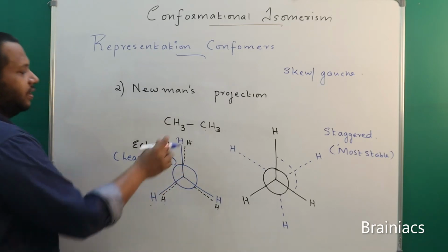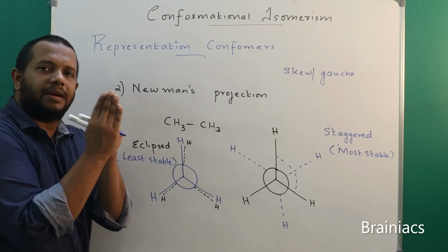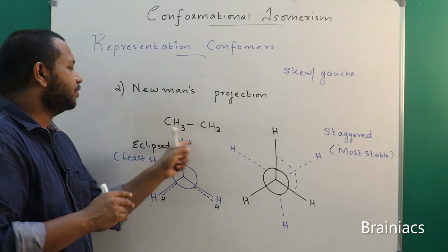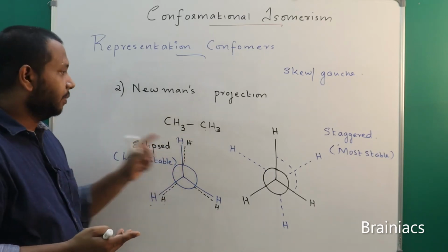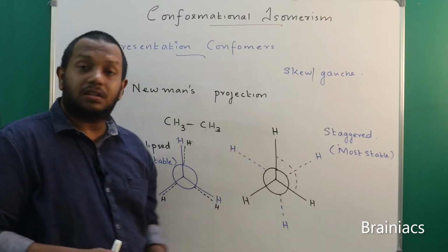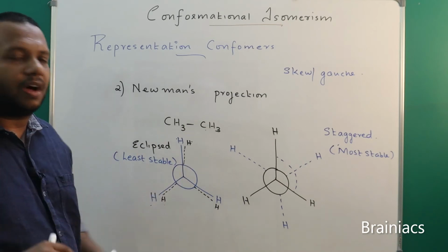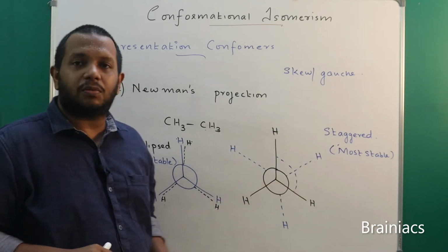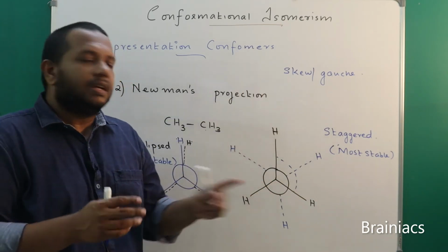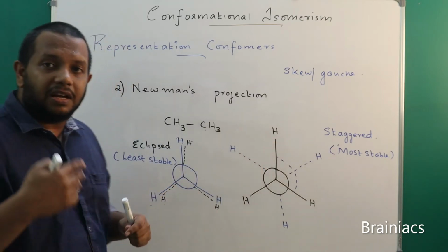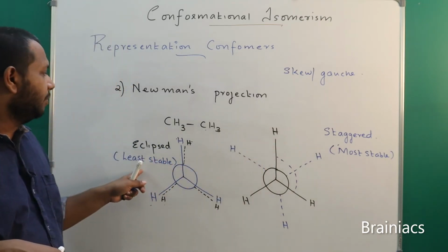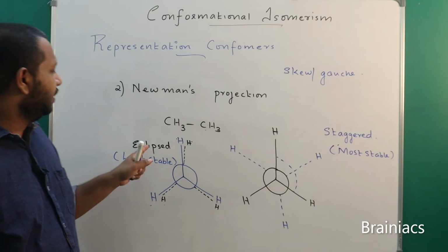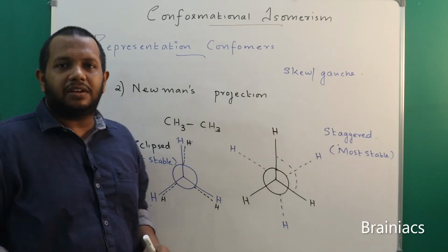Why? Because here they are very close to each other, just behind this one. So the steric repulsion is maximum here. Here they are maximally far away from each other, so the repulsions are very less. In gauche form, it will not be unstable like this. It will be a little more stable than eclipsed, but less stable than staggered.